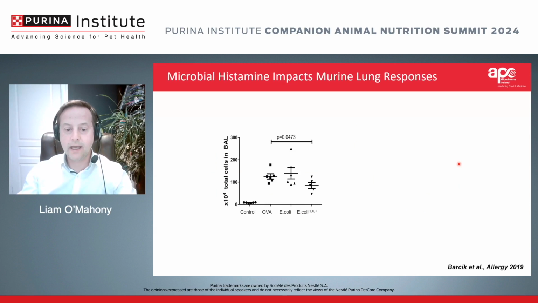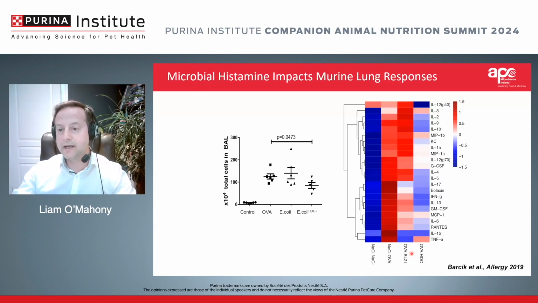So we have here an ovalbumin-induced respiratory inflammation model. And if you look at the inflammatory cells in the lungs, in the positive control, there's a lot there. When we feed the mice an E. coli or an E. coli that's now secreting histamine, so we cloned the histidine decarboxylase gene into this E. coli, you can see there's actually less inflammatory cells coming into the lungs when the mice are consuming a histamine secreting microbe.